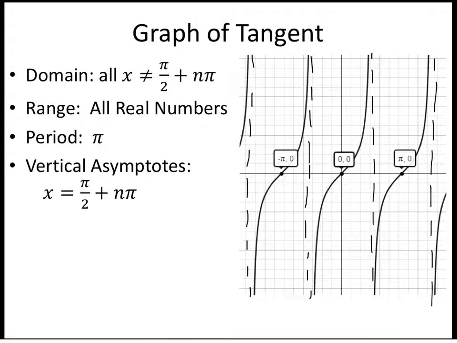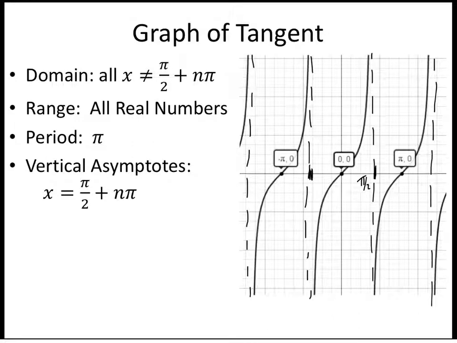So the vertical asymptotes actually happen, if you notice, this is negative pi, 0, positive pi, and halfway in between them, at pi over 2, is our first vertical asymptote. This point here is pi over 2.